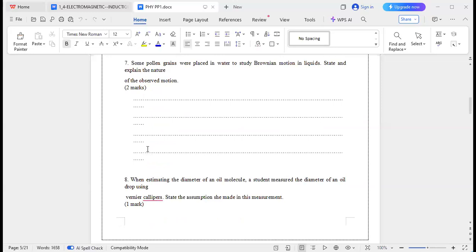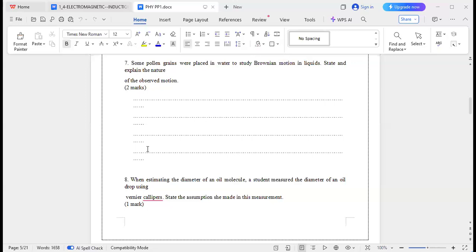That's the first mark. The second mark, this is due to uneven bombardment by invisible water molecules, which are in constant random motion.